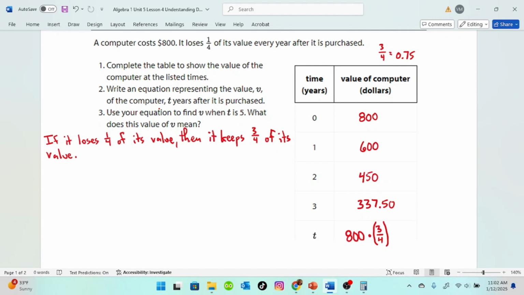And then our exponent would be t. Now we would be able to take the number of years, substitute that in for t, and find out the value after any number of years.